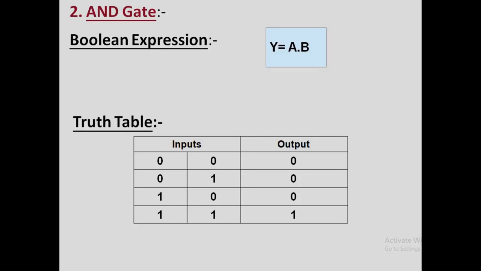As we know, the AND gate is a logical multiplication. So only if all inputs are 1, then the output is 1. So in this truth table, only the last row output is 1 because all inputs are 1.